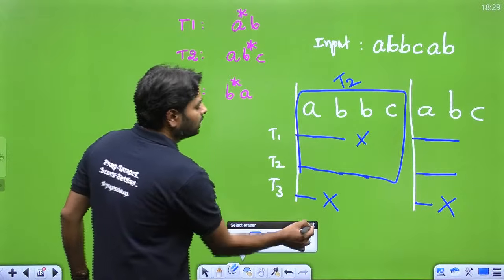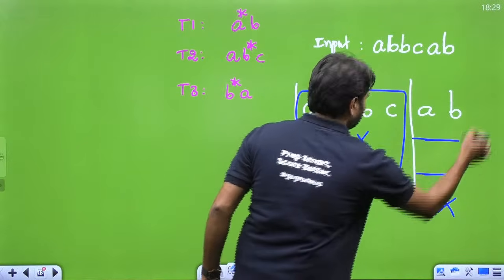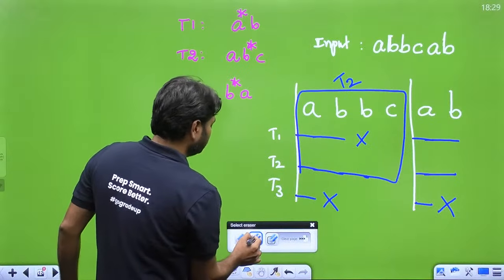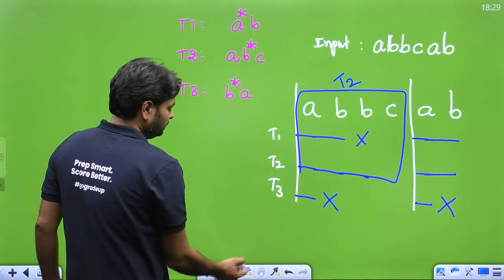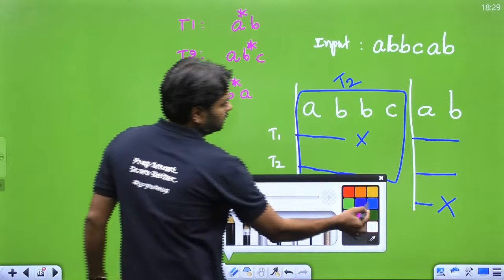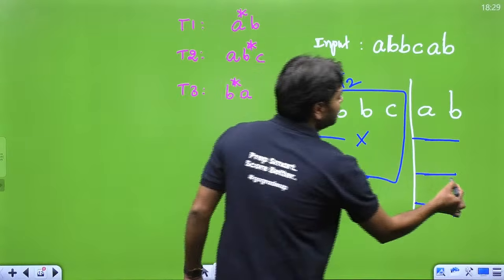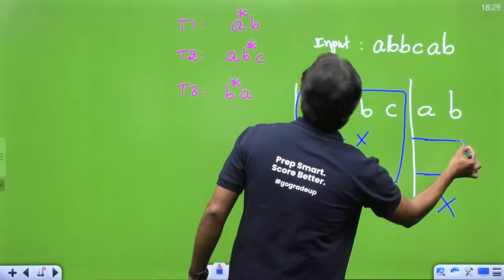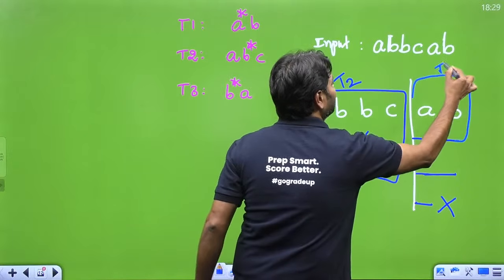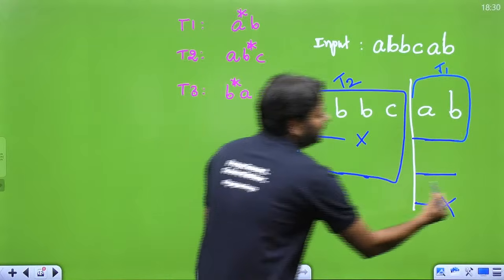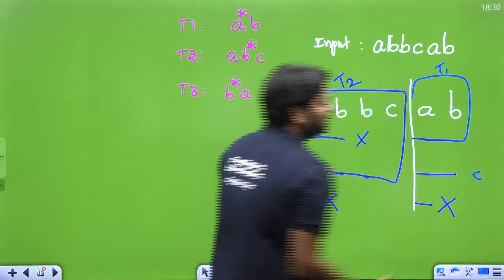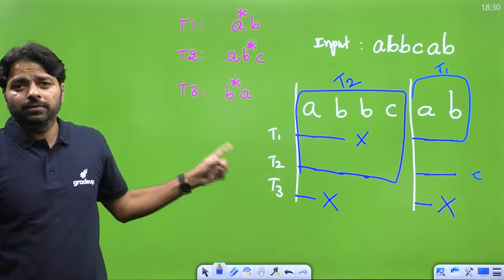So that is what I am talking about. Who was making the mistake? Okay, now who is going to win? Only T1 can generate AB, and T3 cannot generate AB. T2 requires a C here. Remember that. Is this point clear?